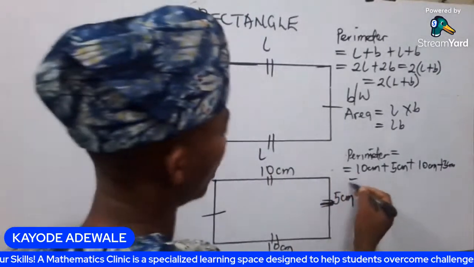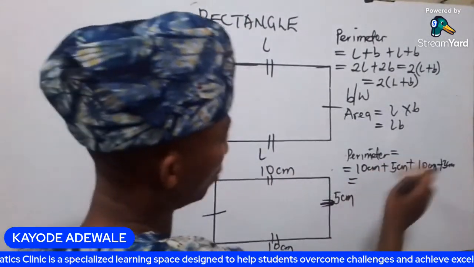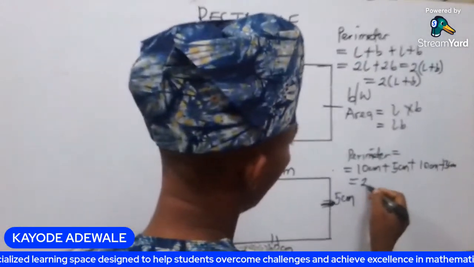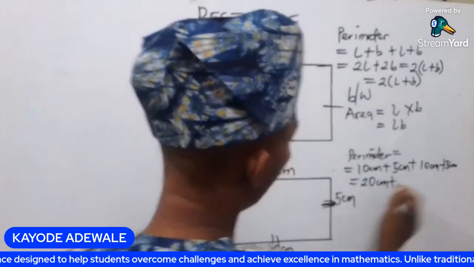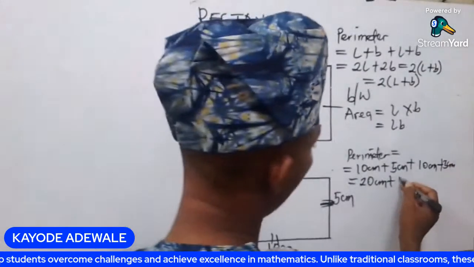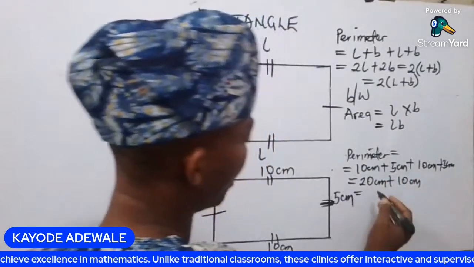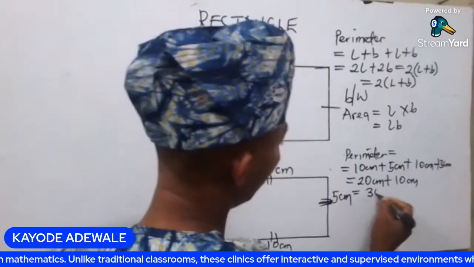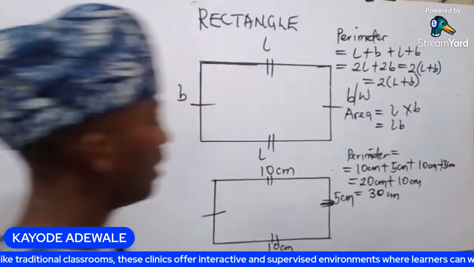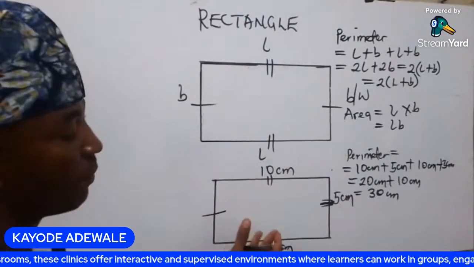When we add everything together, we have 2 lengths, which is 10 plus 10, giving us 20 centimeters, plus 2 breadths, which is 5 plus 5, giving us 10 centimeters. At the end of the day, 20 plus 10 gives us 30 centimeters.